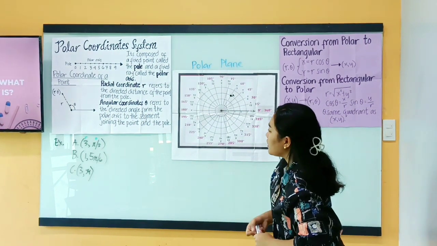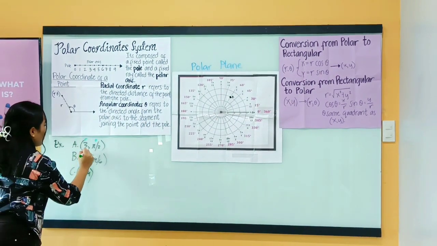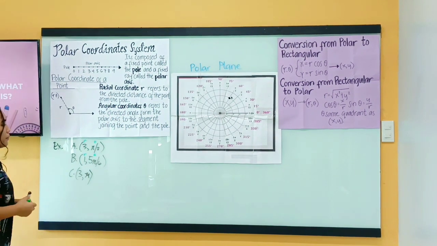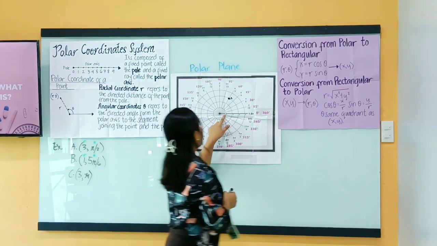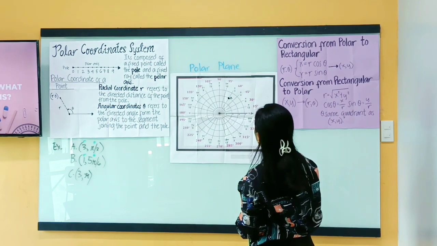Second, B, our radial is 1 and our angular is 5 pi over 6. So 1 is here and 5 pi over 6.